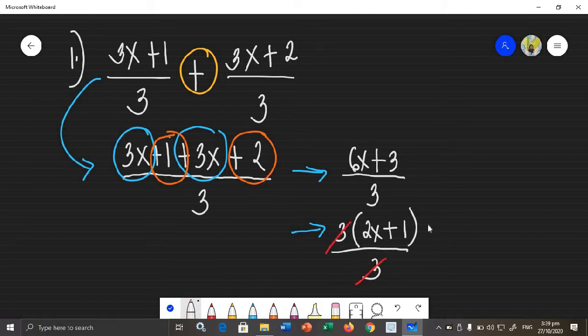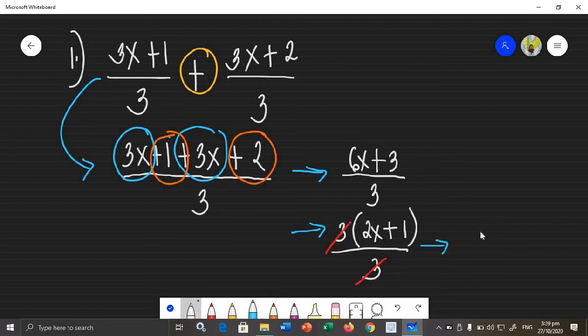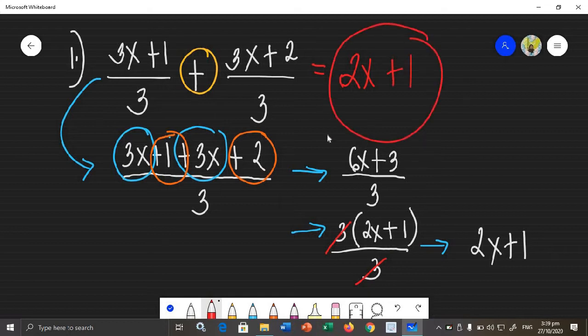Therefore, what remains is 2x + 1. That is the sum of the given rational algebraic expressions. 2x + 1 is already simplified.